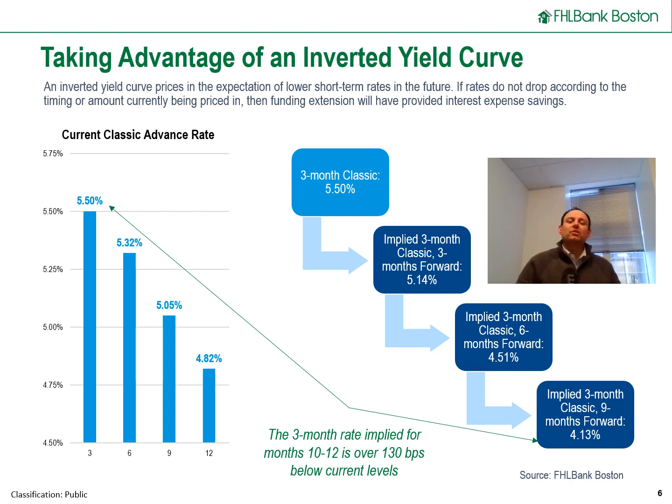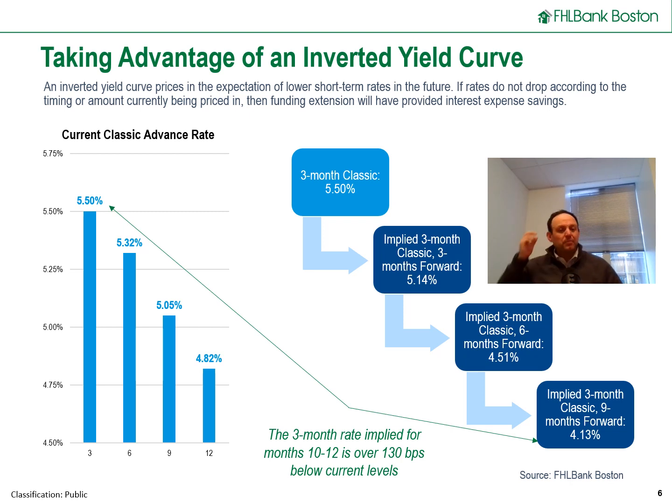When we see the yield curve invert, when we see intermediate or long-term rates move below short-term rates, that is the market telling us that the expectation is that short rates will be lower in the future. So to summarize, when we look at a 12-month rate that's lower than the 3-month rate, it is being priced in the short-term rate being lower in the future than it is today.